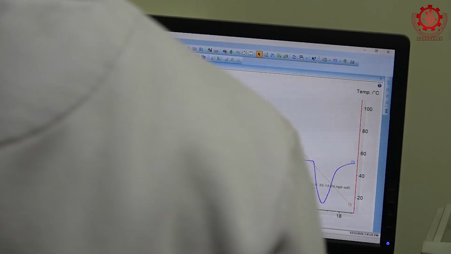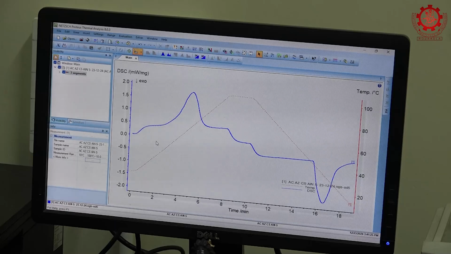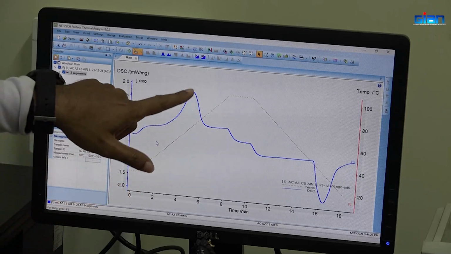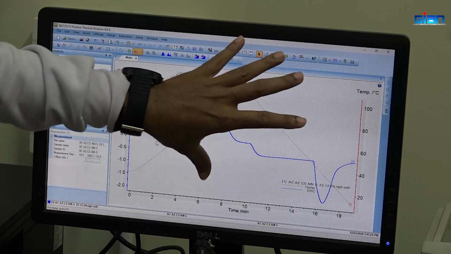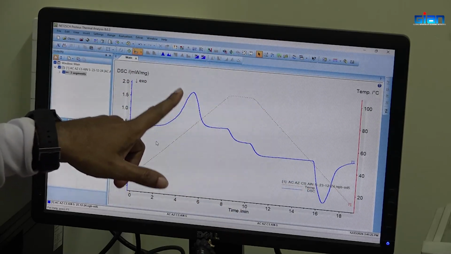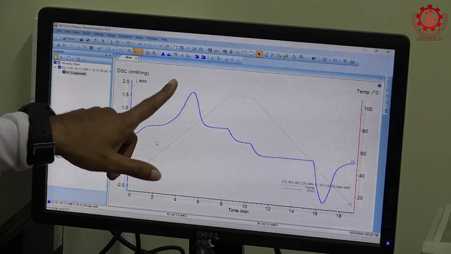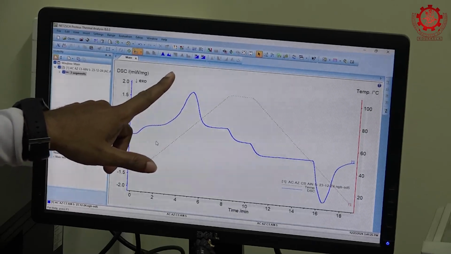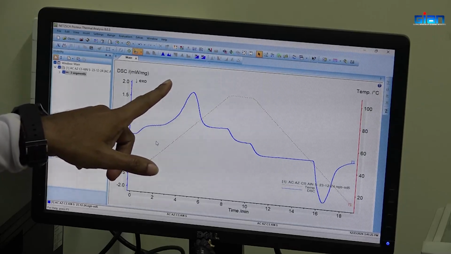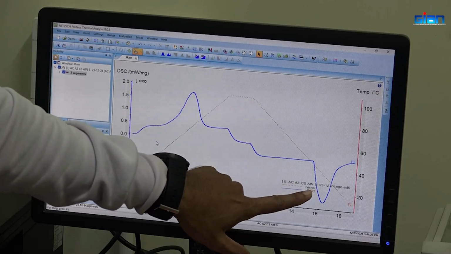This is the data we saved before, and this is actually your thermogram. Here you can see two peaks. This is endothermic or exothermic? This is exothermic.